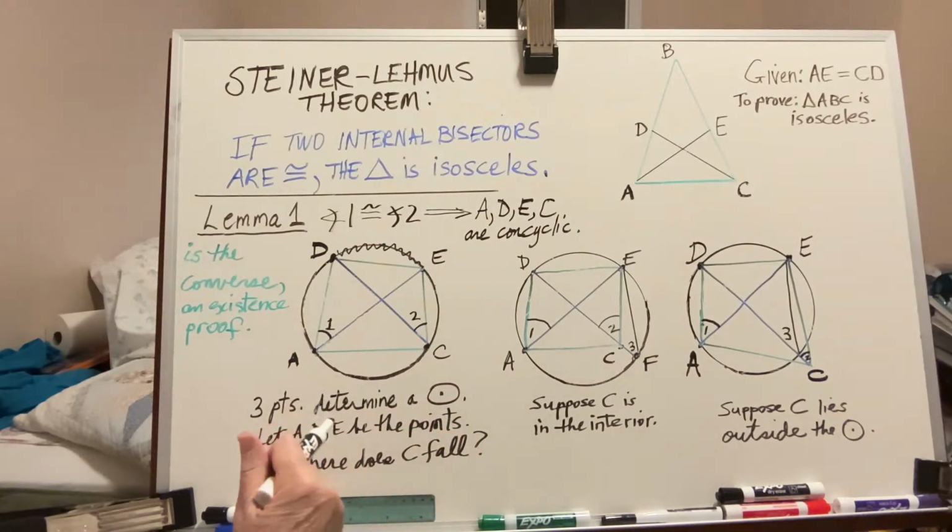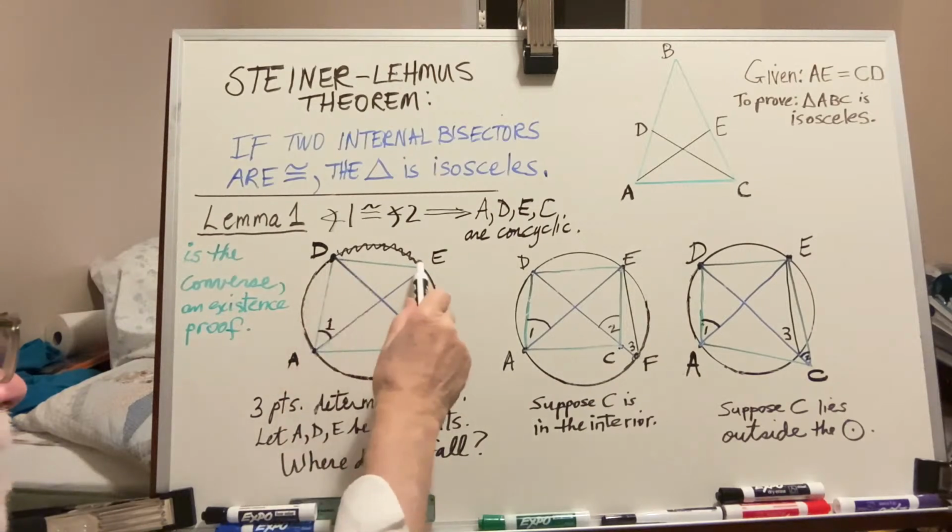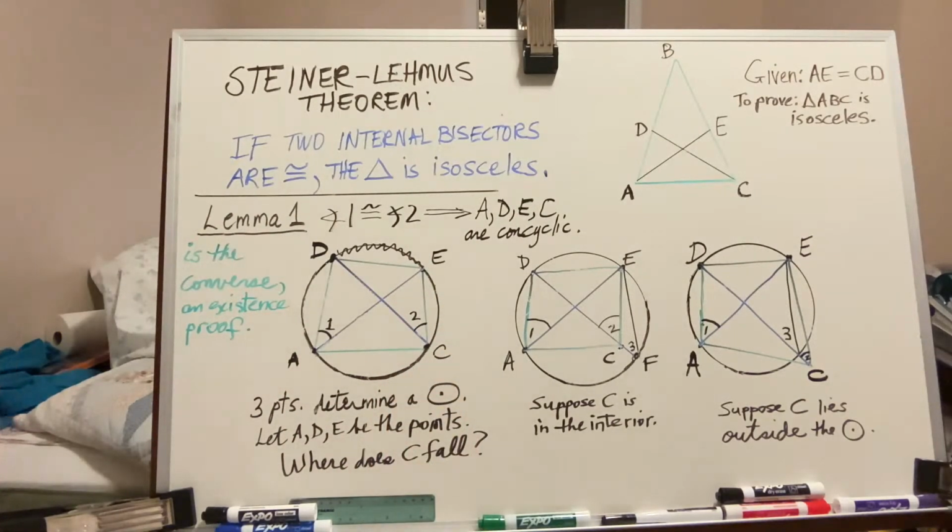So this is an obvious result, but the result we're looking for here is the converse. It's an existence theorem. We say that if this quadrilateral has this property, there exists a circle that contains all 4 of these vertices. So it's much different than the one we're used to.